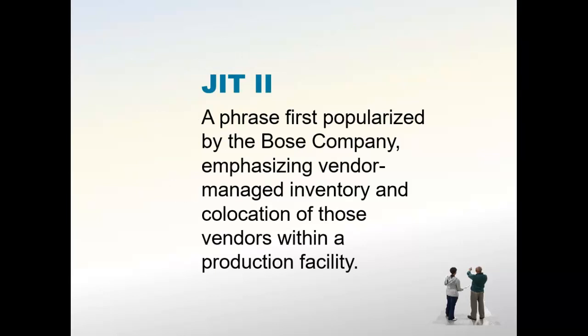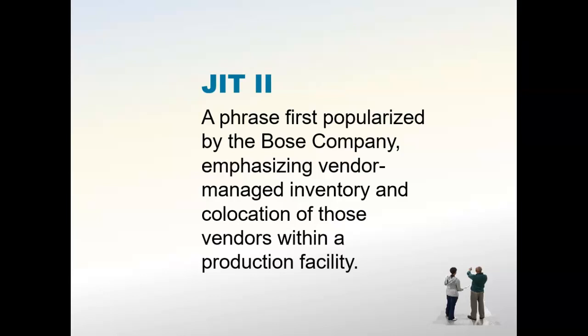Now, the pursuit of seamless supplier partnerships can even be taken to the extreme of inviting suppliers to locate operations within the lean operation being supplied, so that raw material inventory might travel in the smallest amounts over the shortest distances to arrive at the moment of use. This co-location of suppliers was first popularized by the Bose company as just-in-time 2, suggesting it is the next chapter in the development of just-in-time.